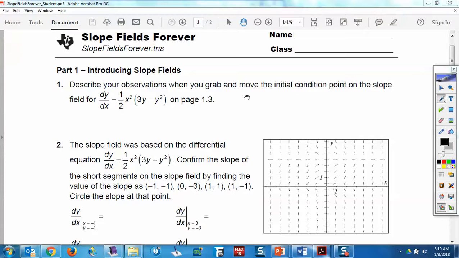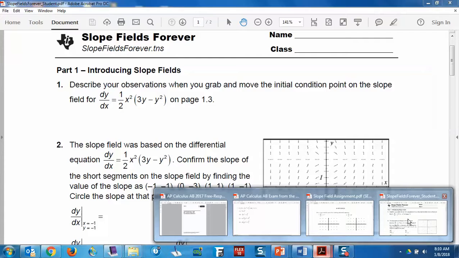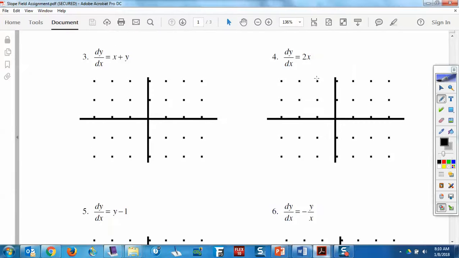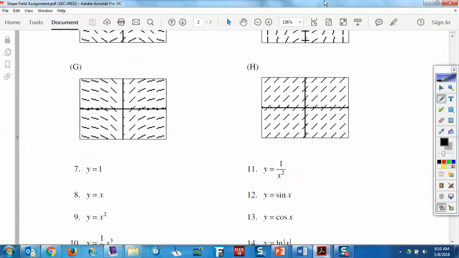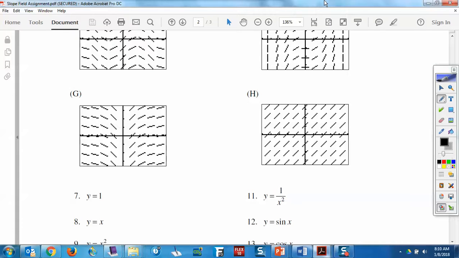Now, interesting thing, let me switch worksheets here and look at that one. So G is going to be the last one, 14, ln x. Let's talk about that absolute value around there, because we're going to see that again later on.